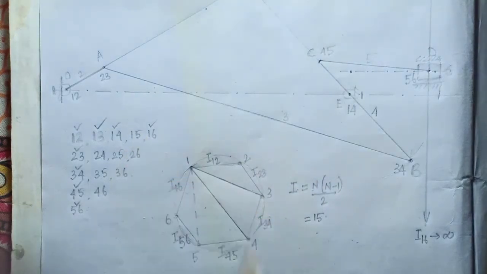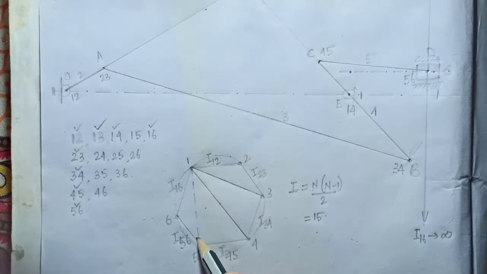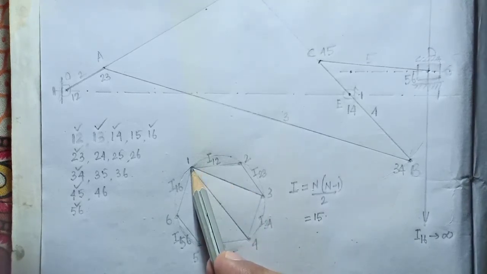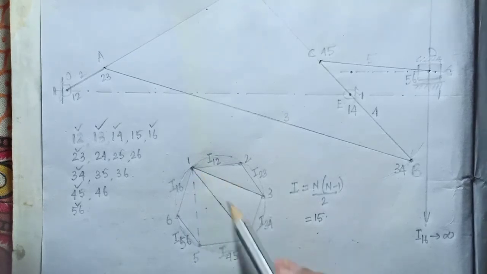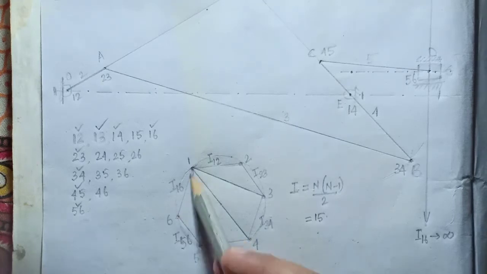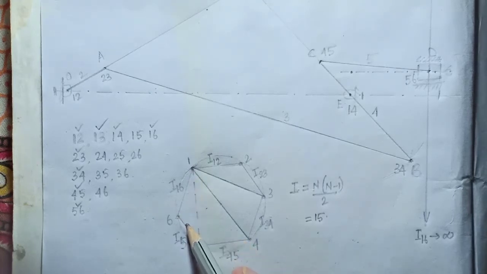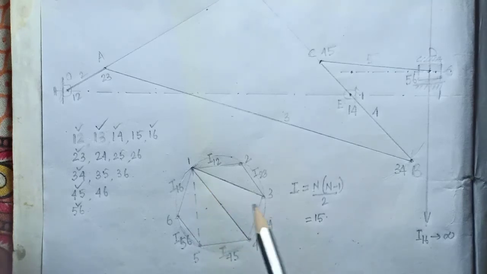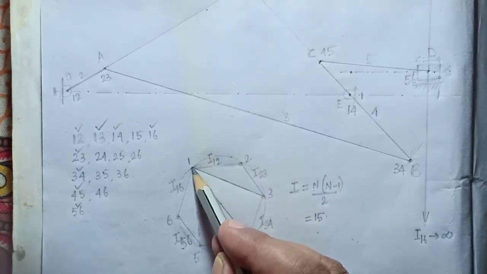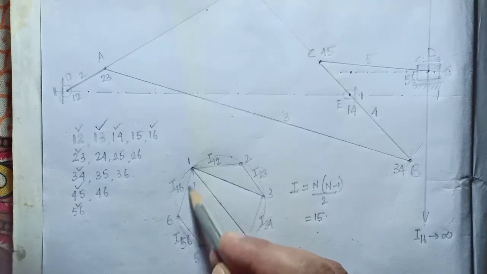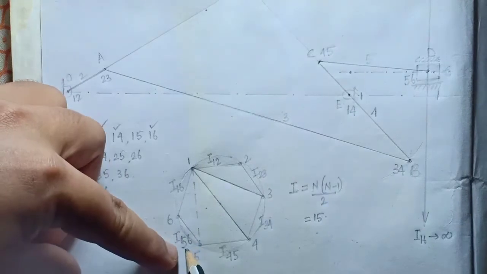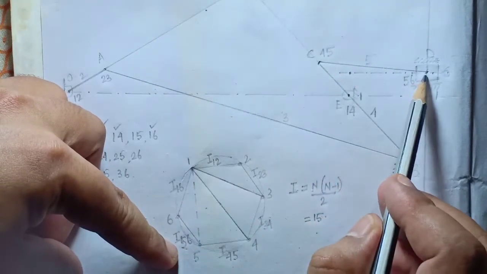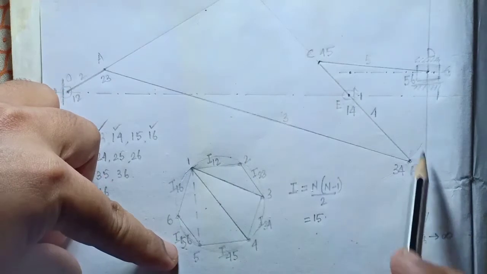So I15. For 1 to 5 we have two paths. First go 1 to 6, then 6 to 5, and 1 to 4, then 4 to 5. So at a time, two connecting instantaneous centers in one path and in the different path. First go I16, 1 to 6, then 6 to 5. I56 is the definite point, and I16 is the line.